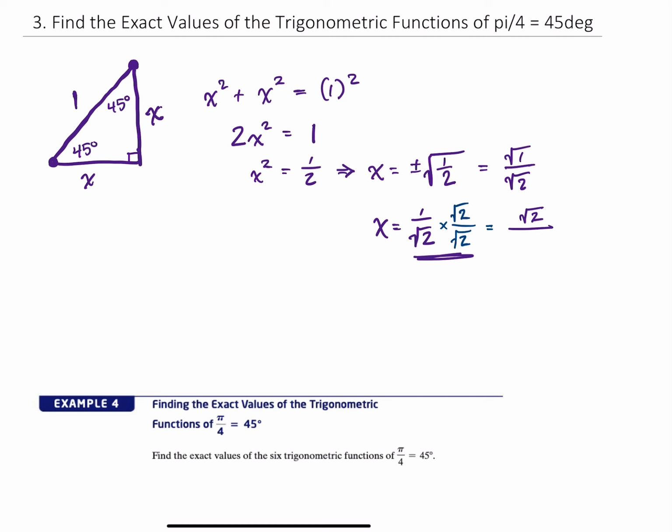And on the denominator, the square root of 2 times the square root of 2, that's like squaring it. It's going to delete the square root. It undoes the square root. And that's what we want. That's the process of rationalizing the denominator. All right, and that's the value that we're looking for. This will be the value of both x and y for 45 degrees or for pi over 4. Because keep in mind those are equivalent. Pi over 4 radian.